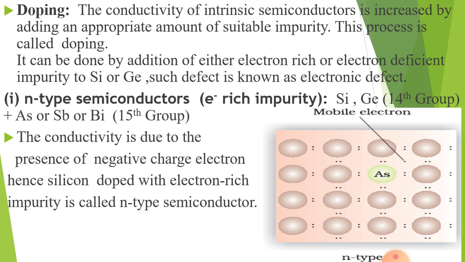Now on adding impurities, two types of semiconductors are generated. One is N-type semiconductor and second is P-type semiconductor. So first we have to focus on N-type semiconductors. Here N indicates negative. That's why it also shows electron rich impurity.